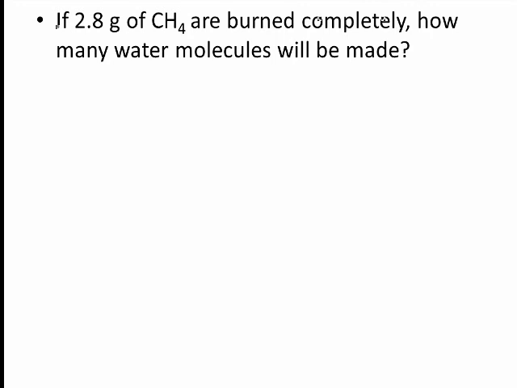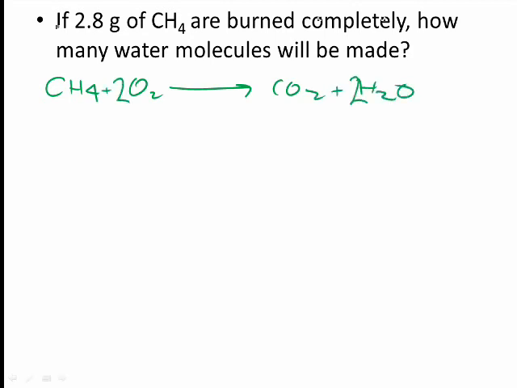If we have 2.8 grams of methane that are burned completely, how many water molecules will be made? So we have to make a balanced equation for that. It's a combustion. So CO2 plus H2O. Here's the balanced equation.